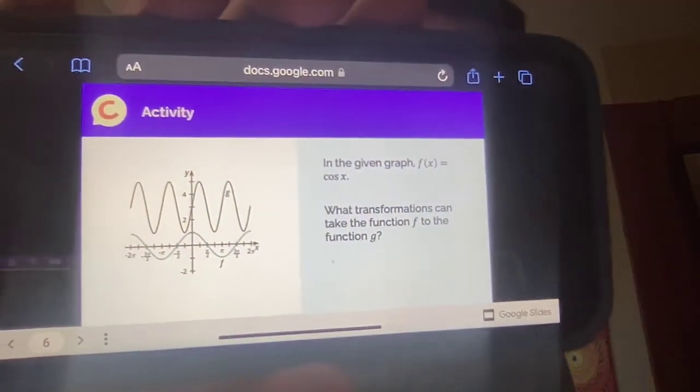That would bring us into our next slide. I would put slide number 6 up on the screen. And this is when I would pair up students into pairs or into breakout rooms. And I would say, okay, y'all, I'm about to separate you into pairs or breakout rooms. And what you're going to do is you're going to look at the blue function. That is our parent cosine function.